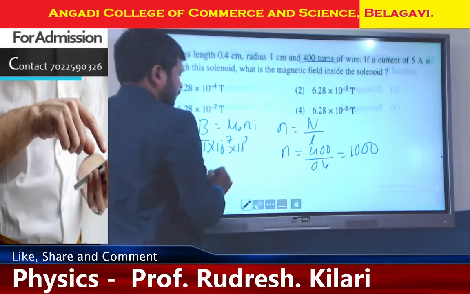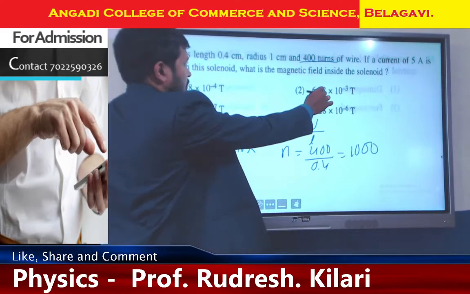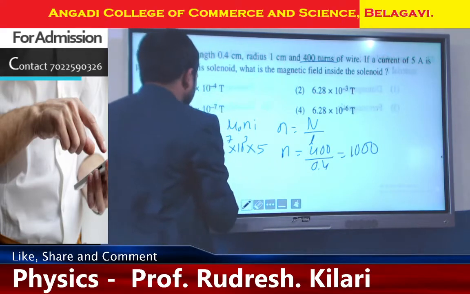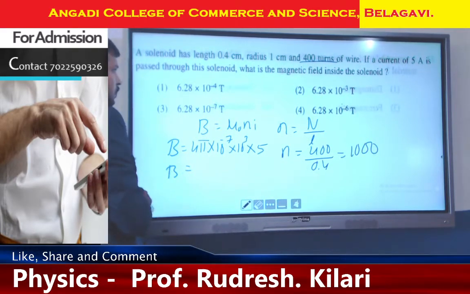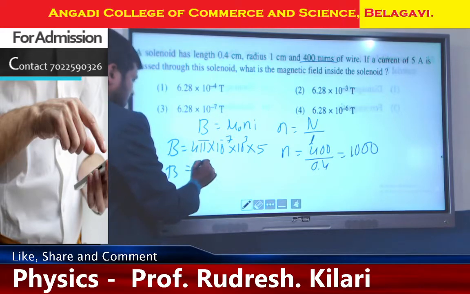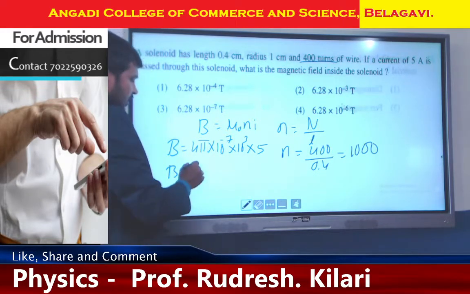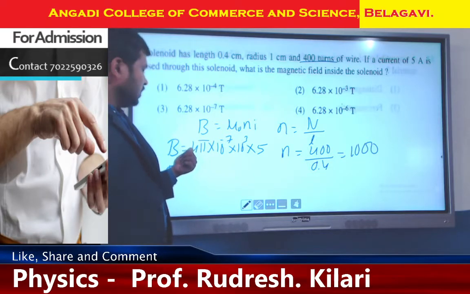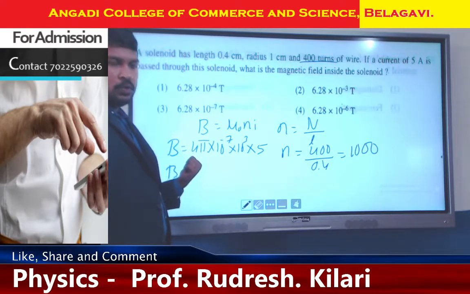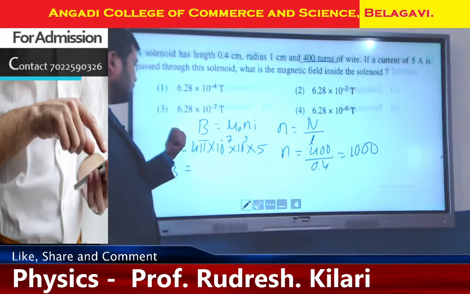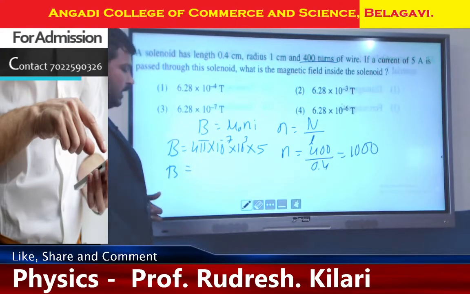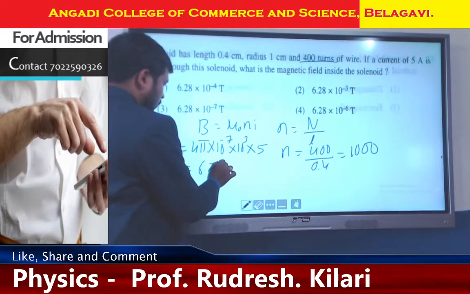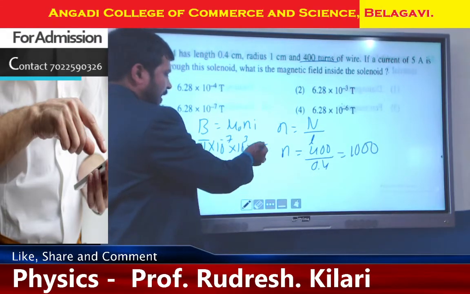10 to the power of 3, into the current, which is 5. B equals, just multiply 5 by 4, that is 20, into 3.142. Multiply 2 into 3.142, that is 6.28. 6.28 into 10 to the power of minus 3.